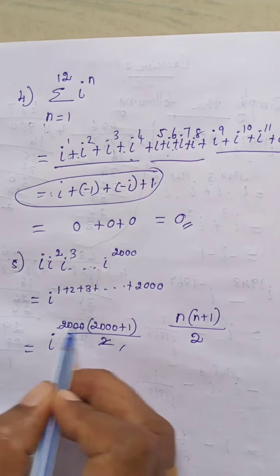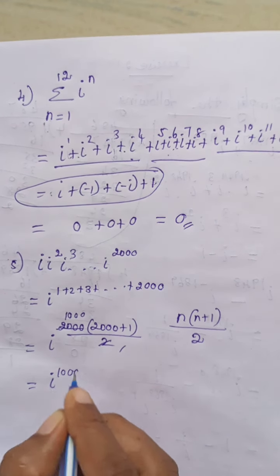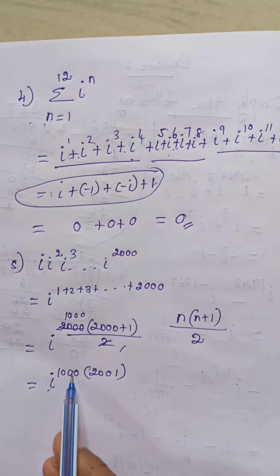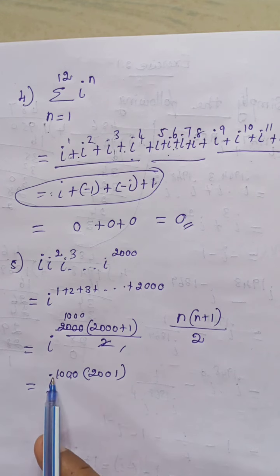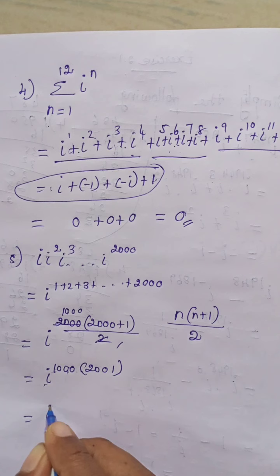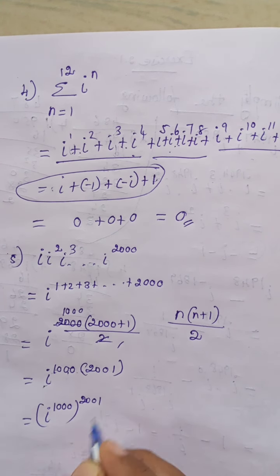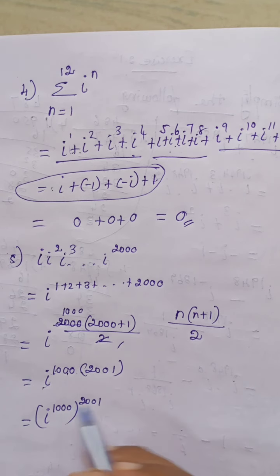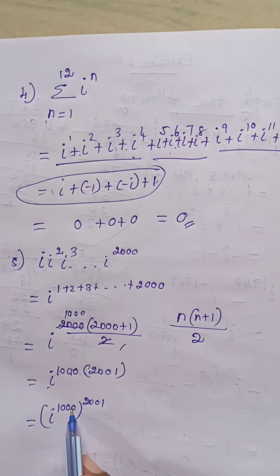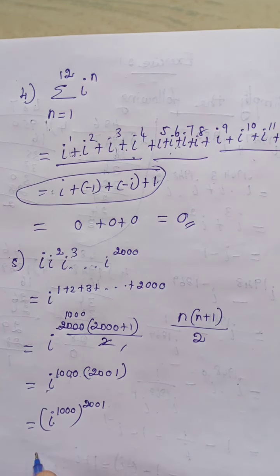This is 1000. See, I power 1000 into 2001. We know that I power 1000 is divisible by 4, since 1000 is divisible by 4. So I can write it as I power 1000 the whole power 2001. In order to avoid the multiplication, I have written it like this because 1000 is divisible by 4. 250 into 4 is 1000, isn't it?